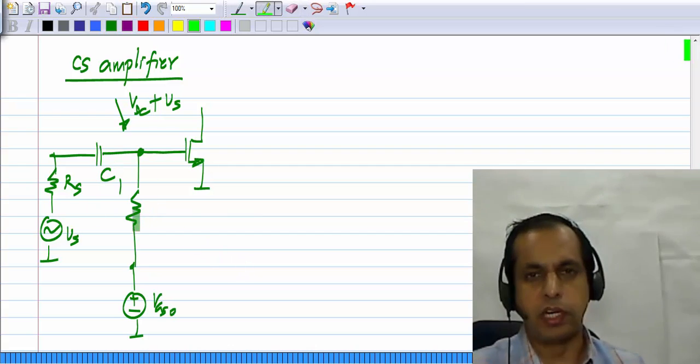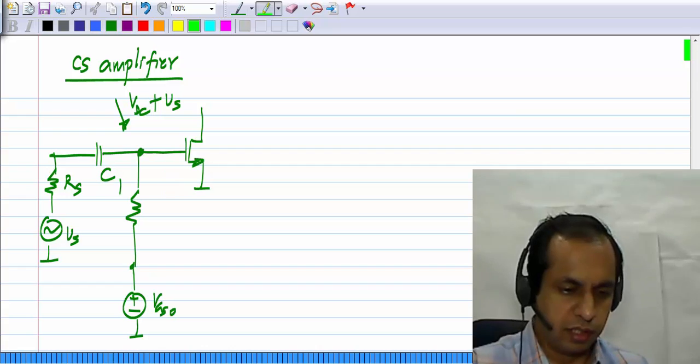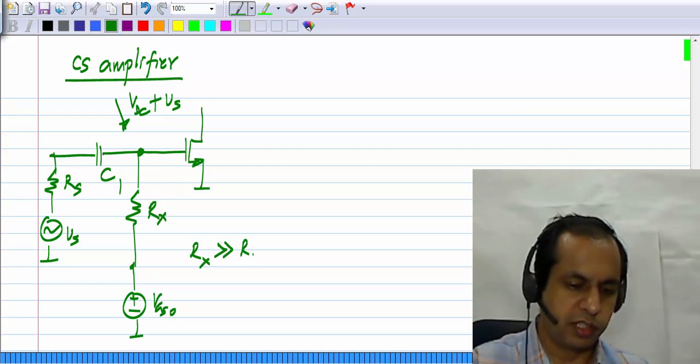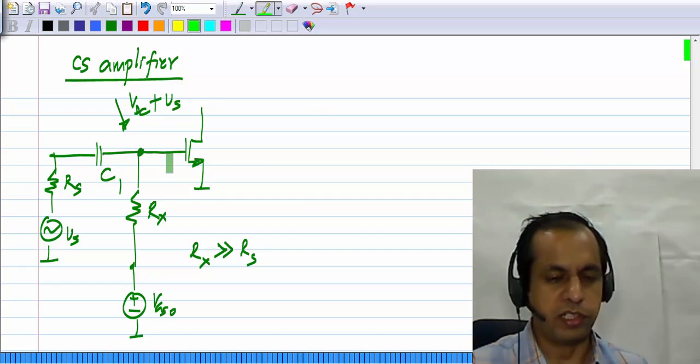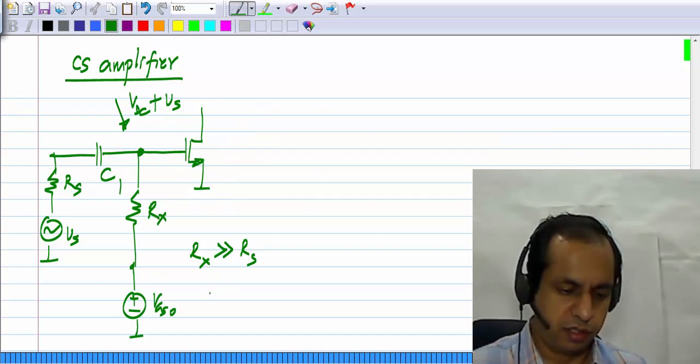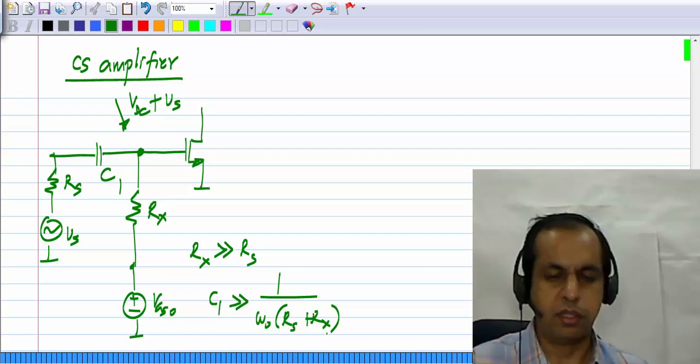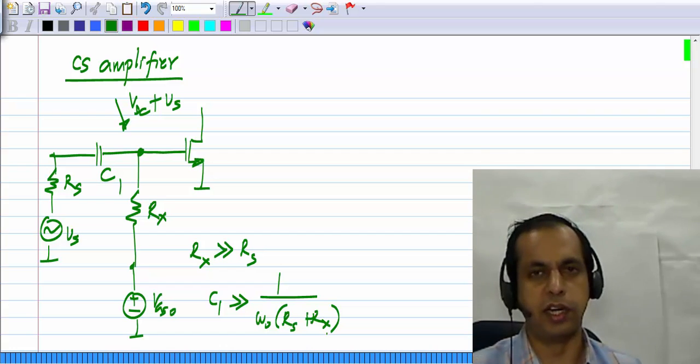Now, of course, we have to satisfy some more conditions. This Rx has to be much more than Rs, so that all of Vs appears here, and this C1 has to be much more than 1 by omega naught times Rs plus Rx, and so on. So this was the essential idea.